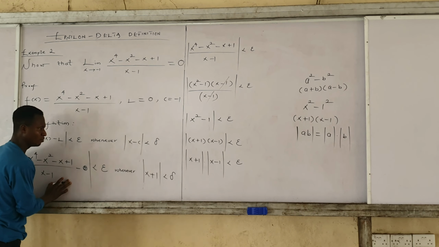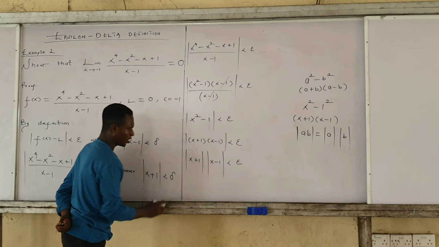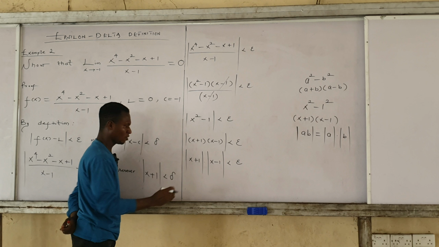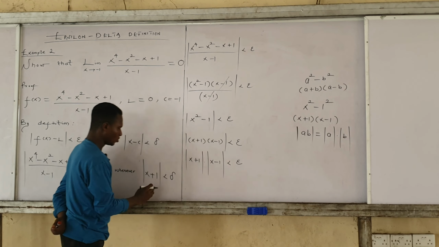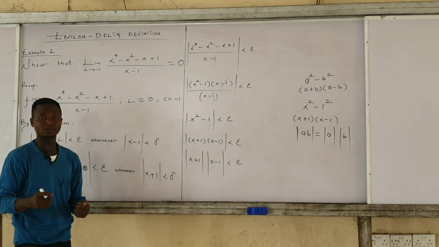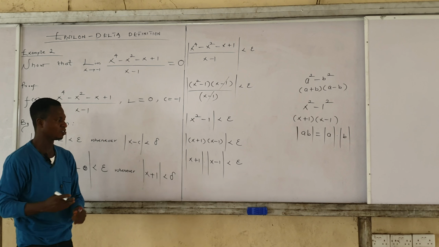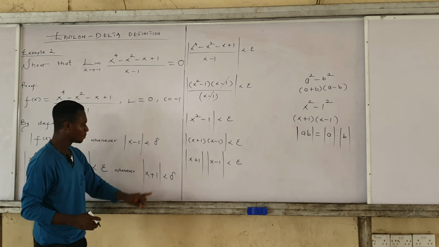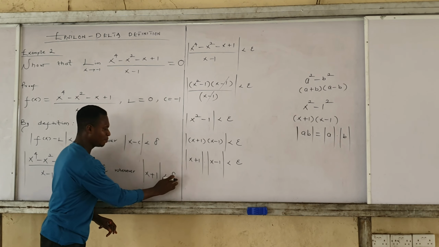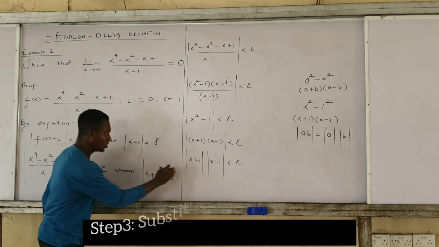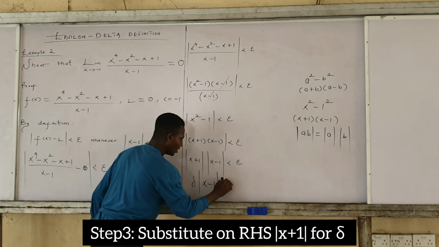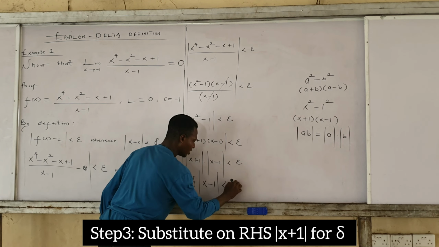And on the left side of this condition, we can find the presence of the absolute value of x plus 1. So we are going to carry out a mere substitution. That is, wherever you see x plus 1, replace it by your delta value here. So this is going to give us delta times the absolute value of x minus 1 is less than epsilon.